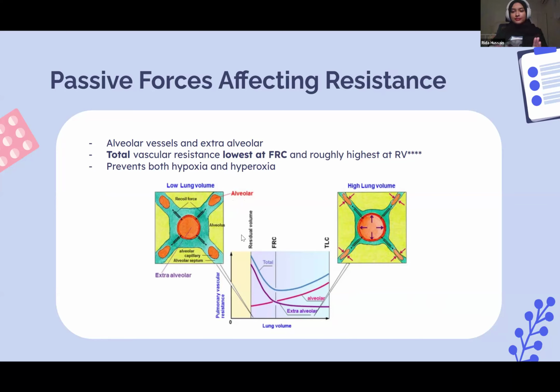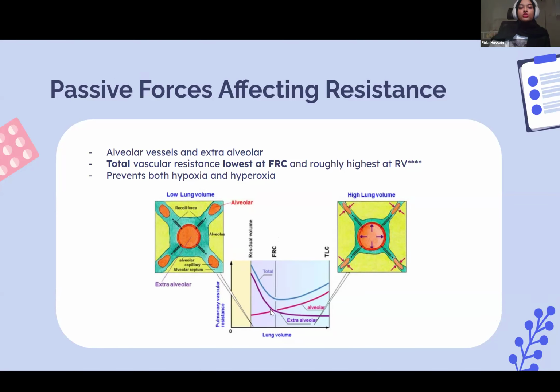Does that make sense? So you guys have to memorize this as well. So for the case of alveolar vessels, where is the highest resistance? Where would you guys say? Good, really good. TLC. And the lowest resistance is at functional residual capacity, which is FRC.